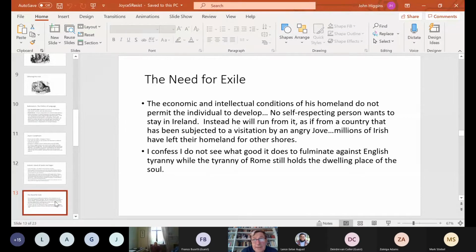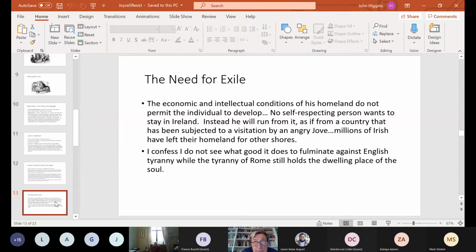So Joyce sees Ireland through the lens of colonialism. He's very aware of the depredations that British colonialism has visited on Ireland.